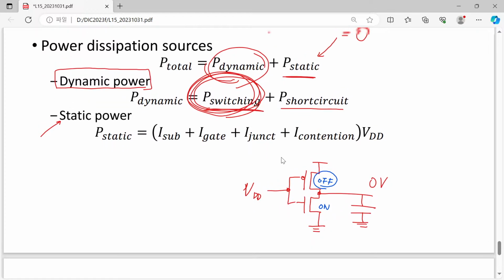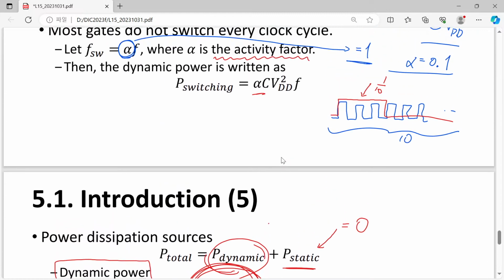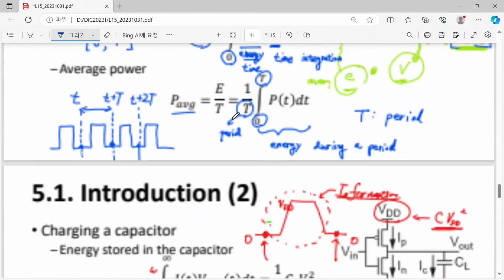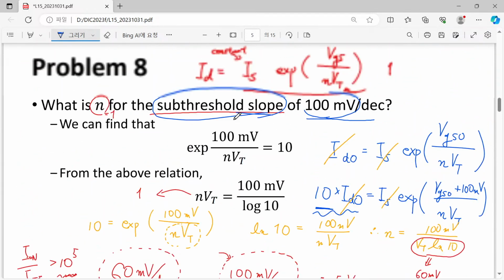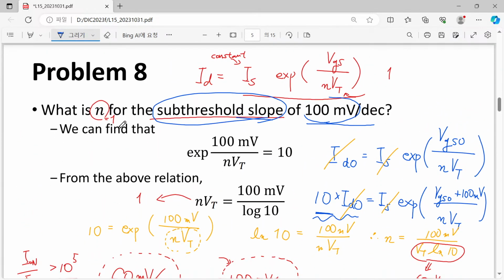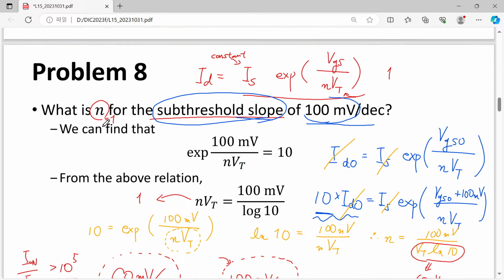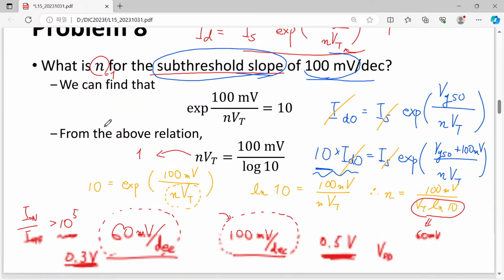However, let's come back to our problem about the sub-threshold slope. It means that although we reduced our gate voltage down to 0 volt, our MOSFET can have non-zero drain current.